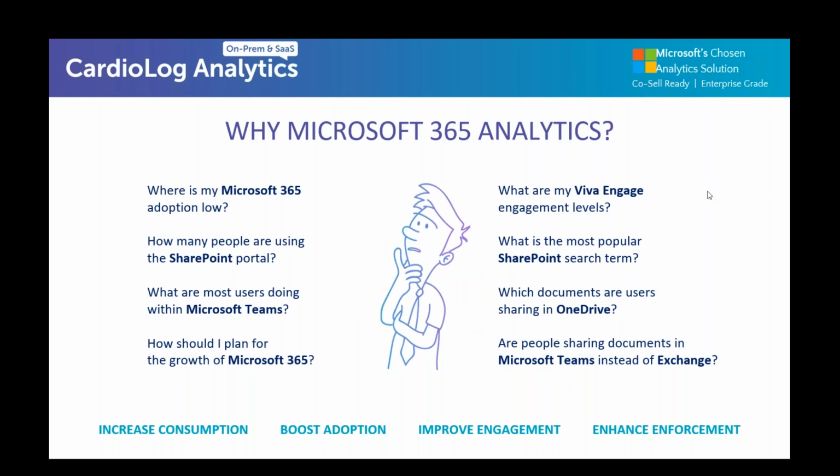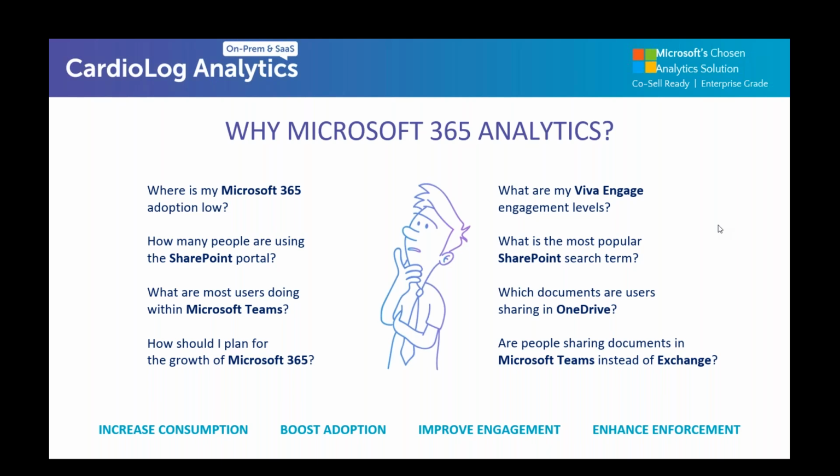We do that by answering the many unknowns. So for example, what's most popular within my site or tenant? Or maybe more important, what's least popular or not being used at all? Do I have entire sites that no one is using? Do I have specific new documents or policy pages that no one knows about?